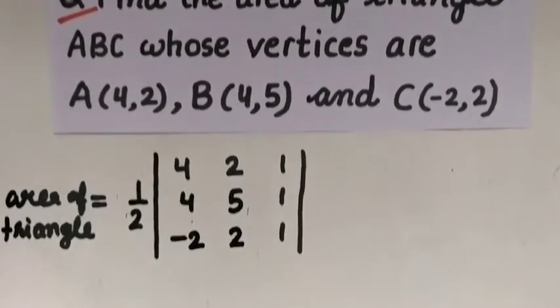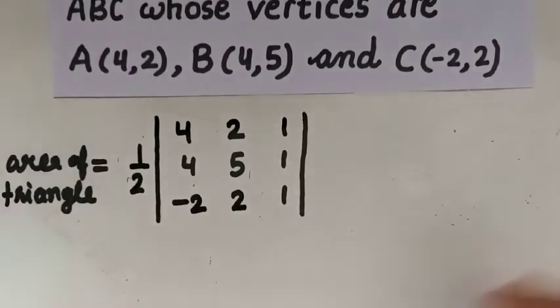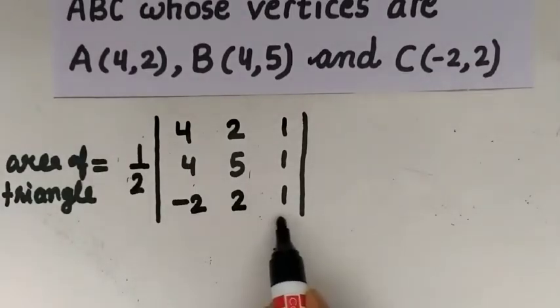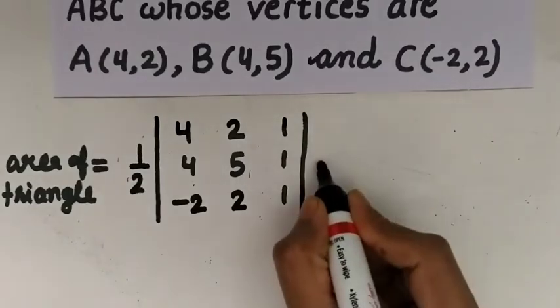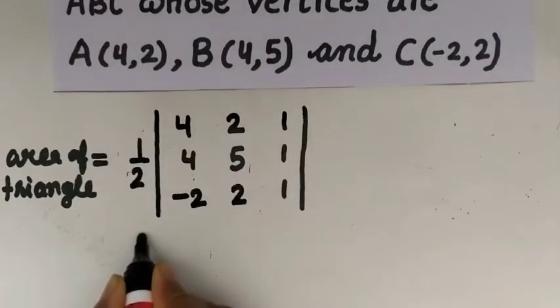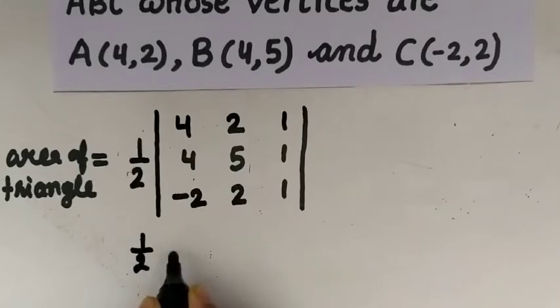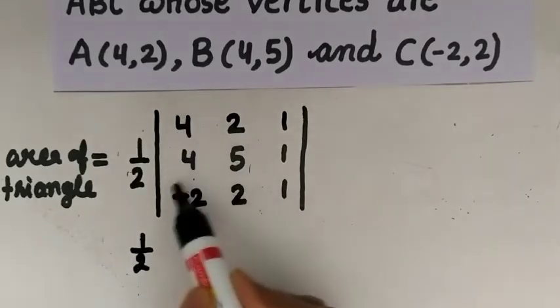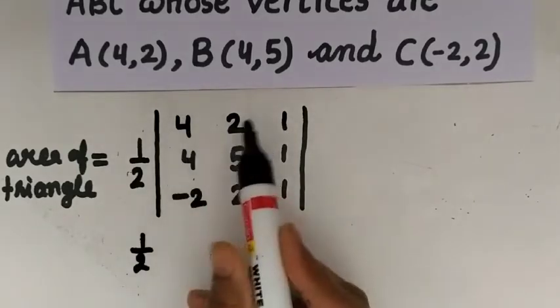Now students, it's very simple. It's a determinant of order 3, and all of you know how determinants of order 3 are expanded. So let us expand it. I am expanding by using the first row.